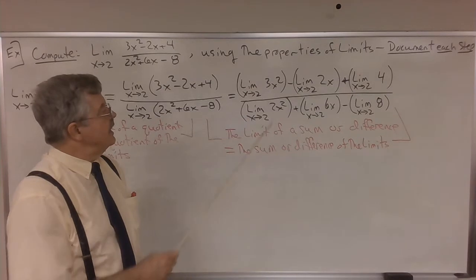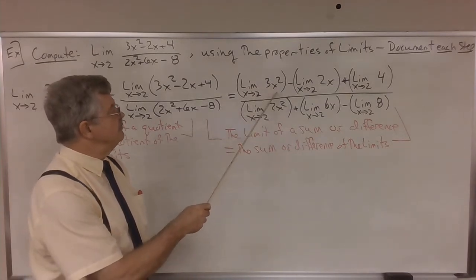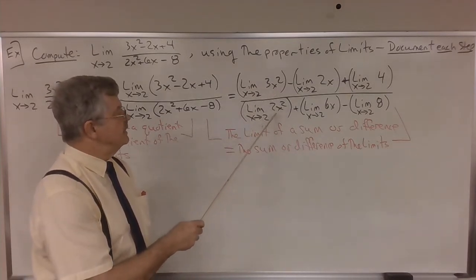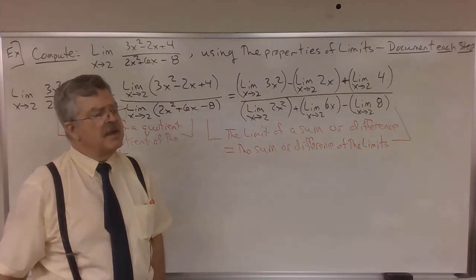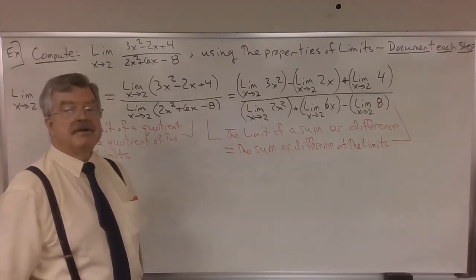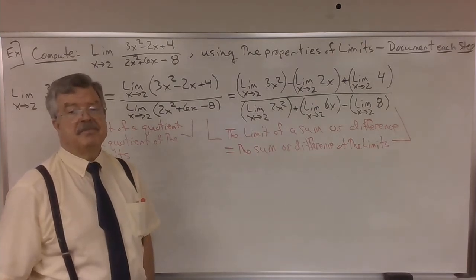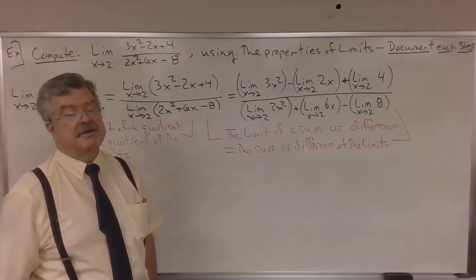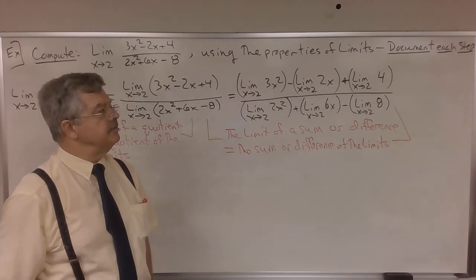But we also have the limit of a constant times a function. We could use the property that says the limit of a constant times a function is equal to the constant times the limit of the function.